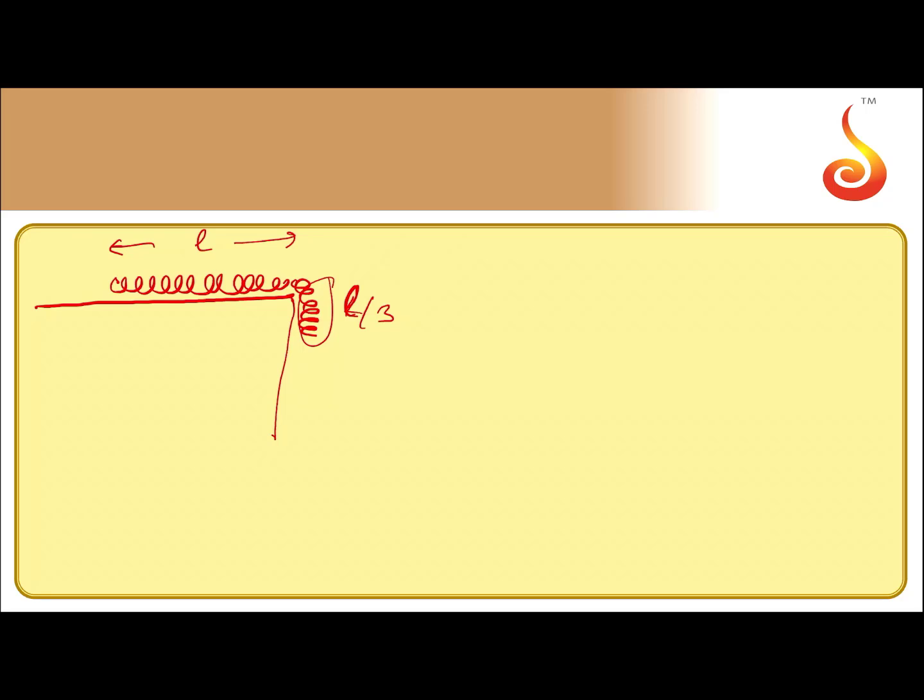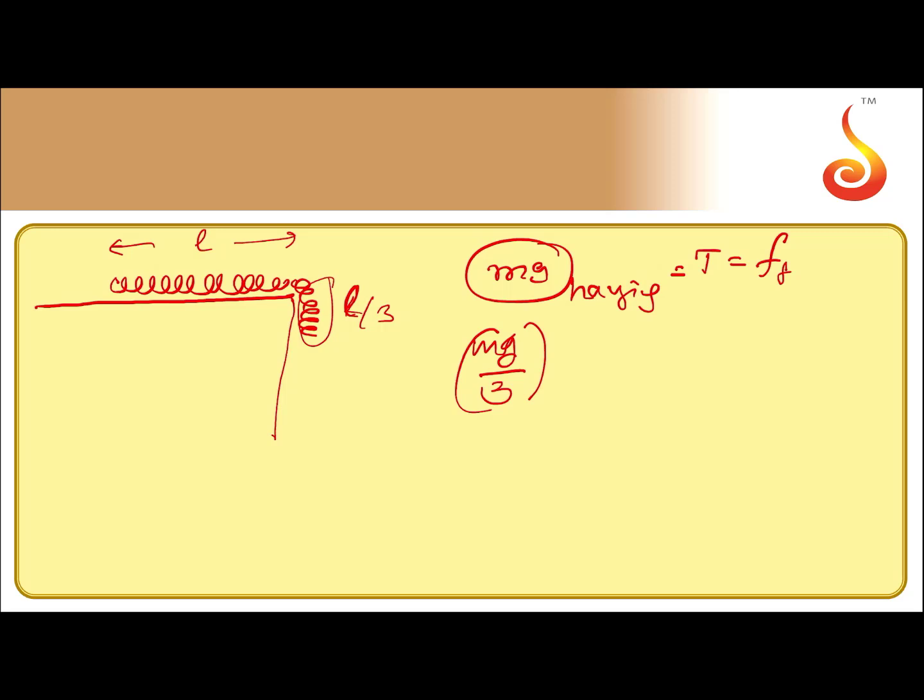That means the mg on the hanging part is equal to tension, which is equal to force of friction on the part which is present on the table. So let's write this. This is mg by 3 because 1/3 is hanging. That must be equal to mu into N.